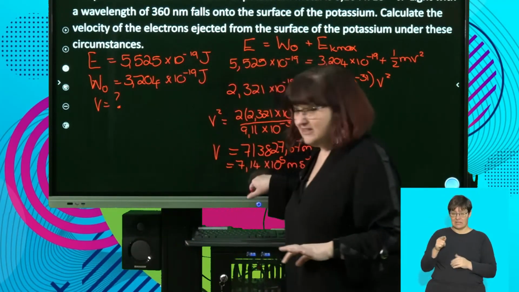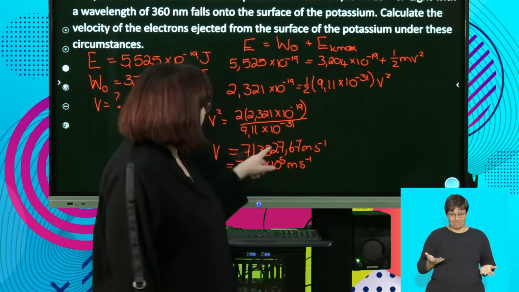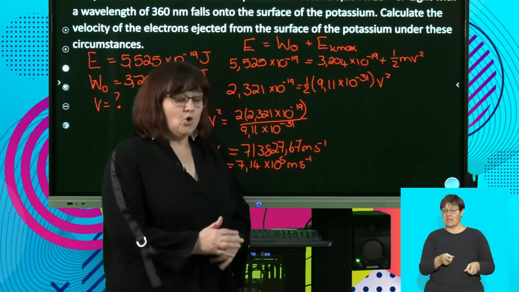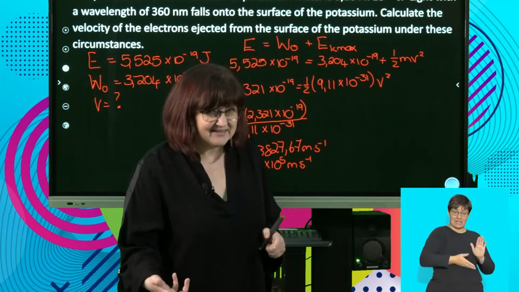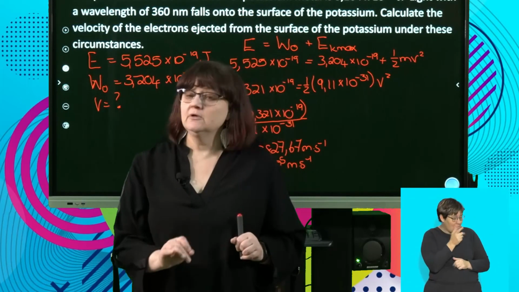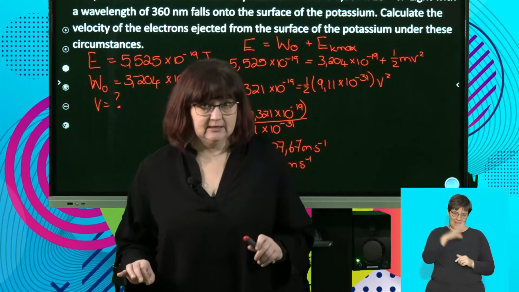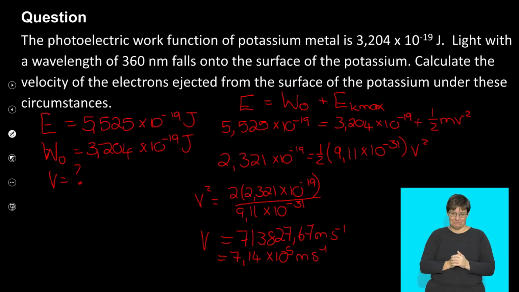This is fast, but it's not quite the speed of light. So be careful. If you get an answer here where the value you get is bigger than the speed of light, you've made a mistake. It can come close, but it's not going to move as fast as light, because it's not light. We good? Okay.